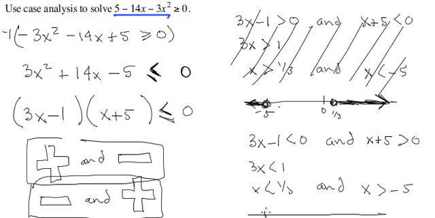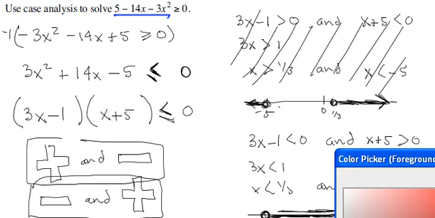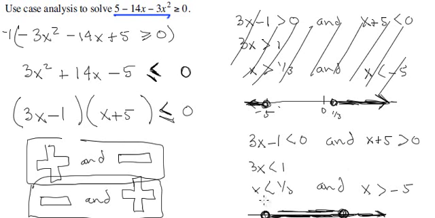Here's minus 5, so we have to be at negative 5 or higher, and at the same time x has to be 1/3 or lower. Why, yes, we can do that. You can have both of those things as long as you're between negative 5 and 1/3. Saying we have to be under 1/3 and we have to be over negative 5 at the same time. So we have this range from negative 5 up to 1/3.